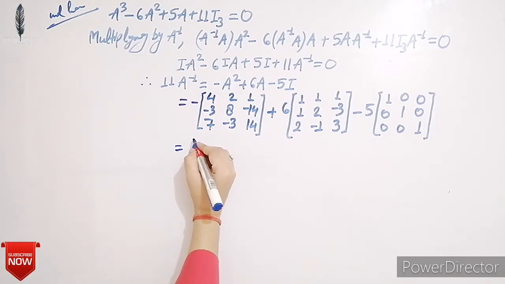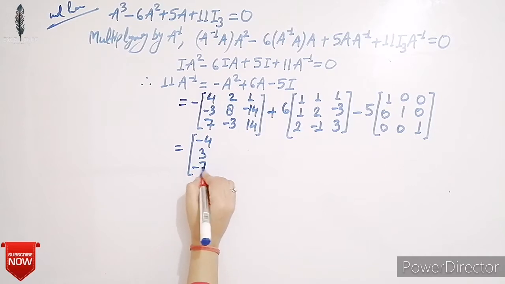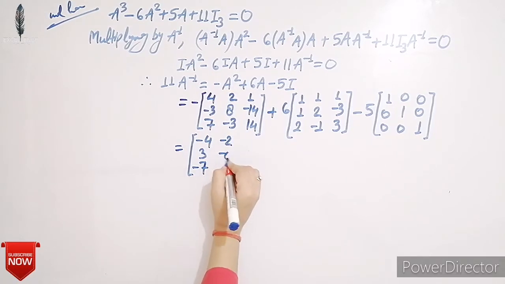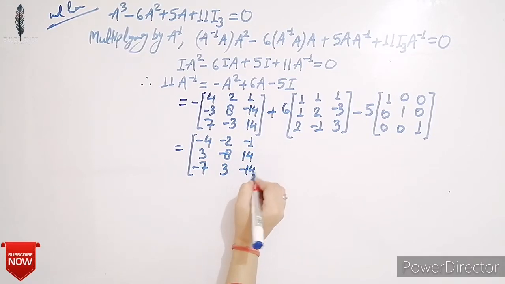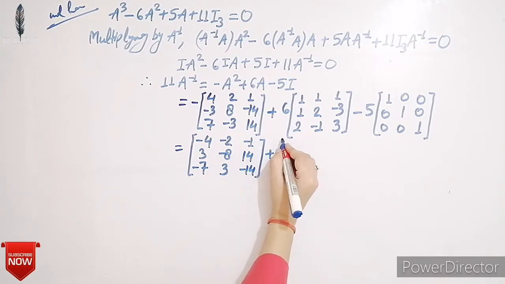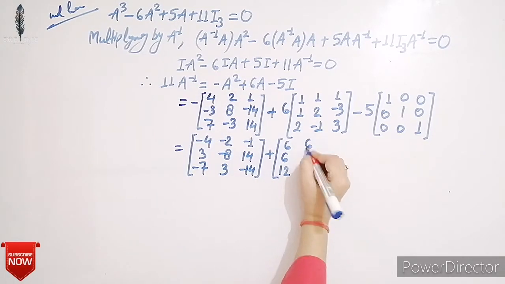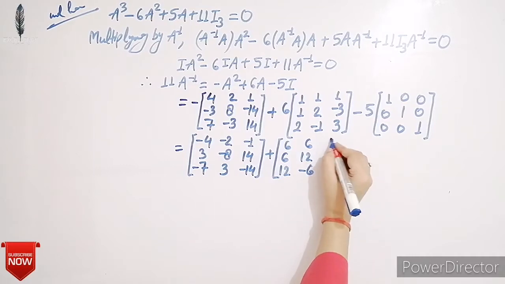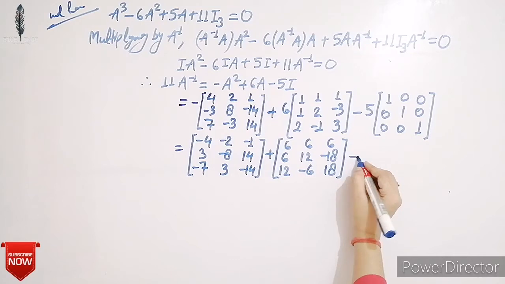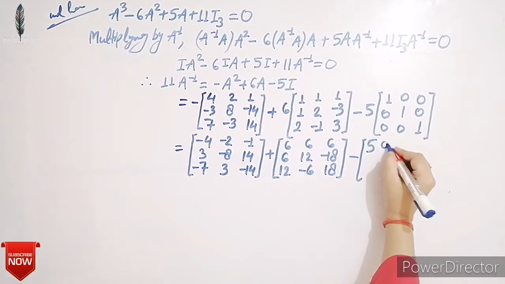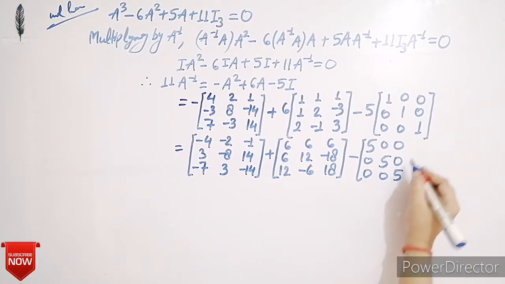So it is equal to minus 4, 3, minus 7, minus 2, minus 8, 3, minus 1, 14, minus 14, plus, multiplying by 6, we have 6, 6, 12, 6, 12, minus 6, 6, minus 18, 18, minus 5 0 0, 0 5 0, 0 0 5.